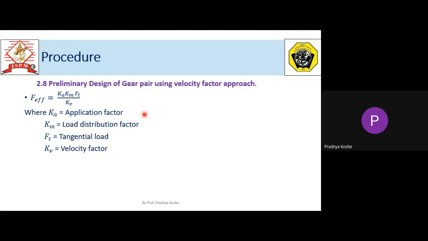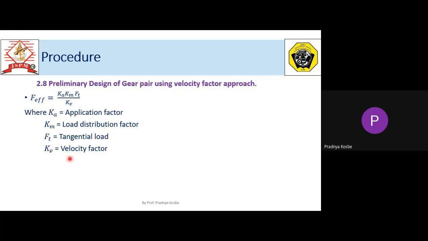Here the application is an agitator. And Km is the load distribution factor. So you have to select these from tables, that is K and Km.